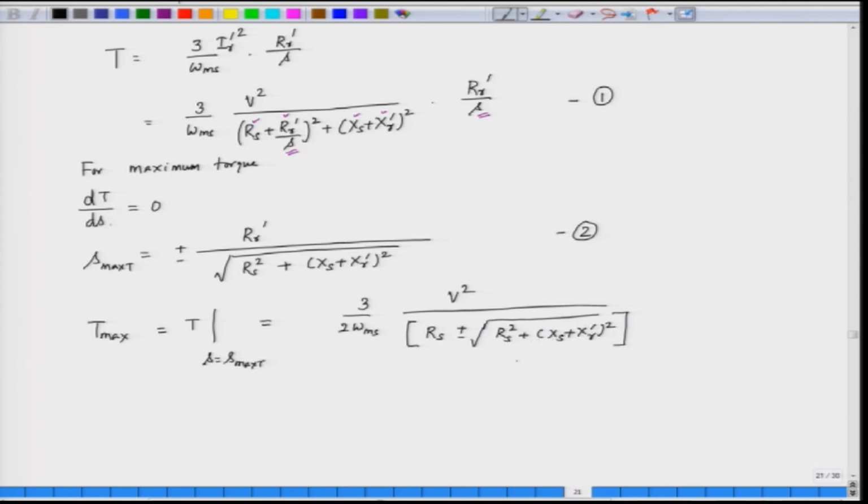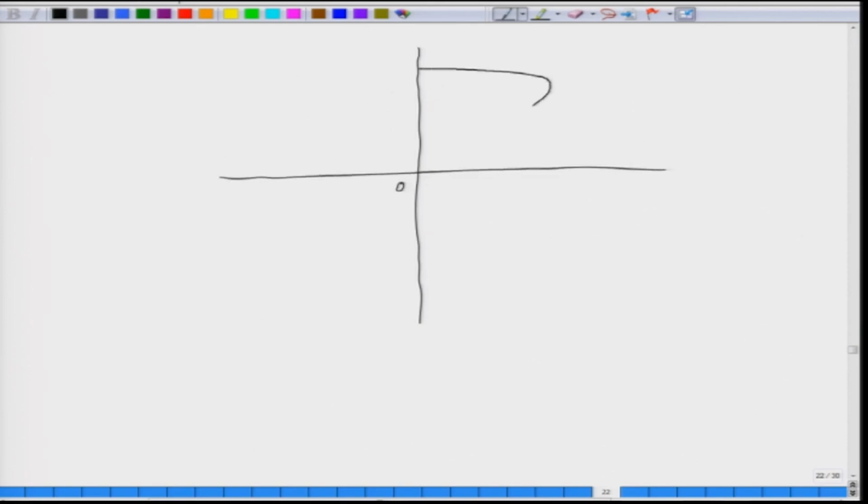Now, we can draw the torque slip characteristic of an induction motor. So, if we draw the torque slip or torque speed characteristic, we can plot this equation 1. We get the torque speed characteristic in the following fashion.